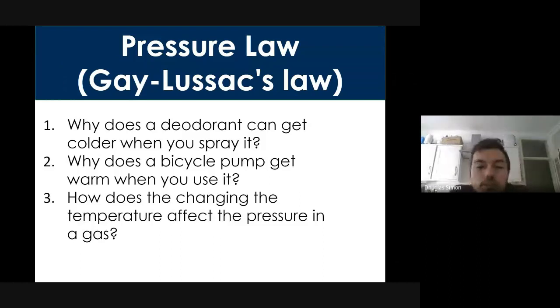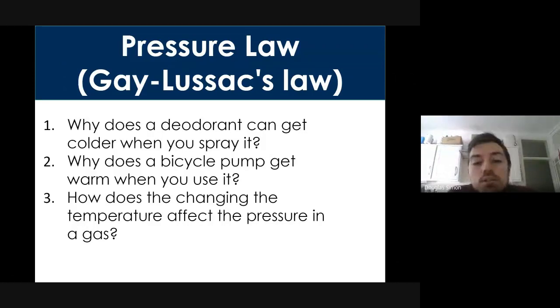Okay, so hopefully some of you recognised some of these ideas from GCSE. So deodorant can gets colder when you spray it. The pressure is decreasing, and as the pressure decreases, the temperature decreases. Why is that? Well, it incorporates ideas from the next lesson as well.